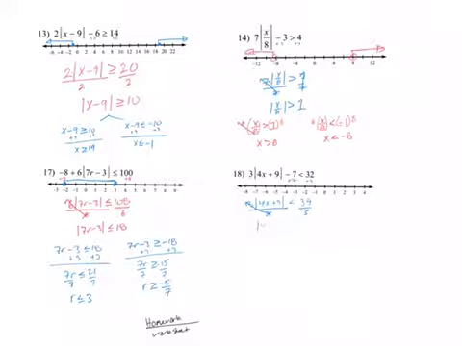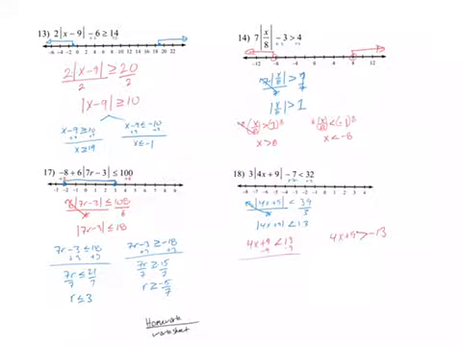Absolute value of 4x plus 9 is less than 13. Now I can split that up because my absolute value is by itself. So I'm going to say 4x plus 9 is less than 13. And I also need to say 4x plus 9 is greater than negative 13.